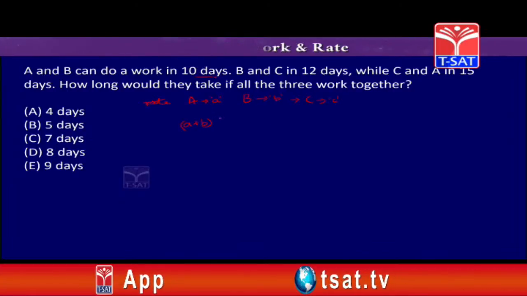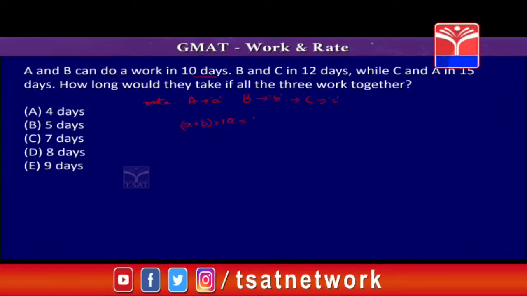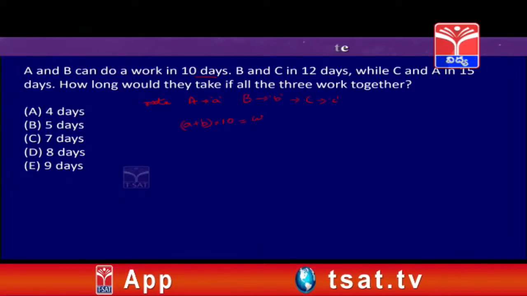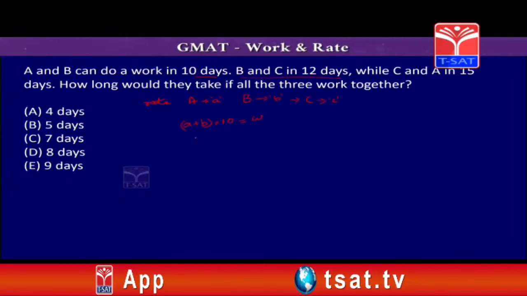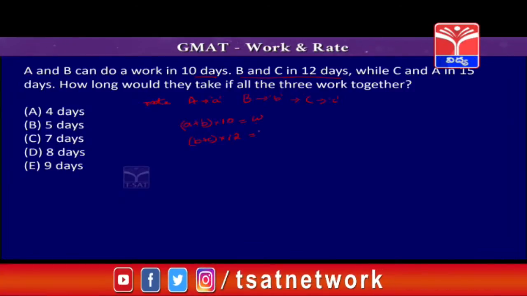So for A and B, rate into time, that is 10, will be equal to the work done. Let's say W amount of work is being done. B and C can do the same work in 12 days. So again the rate gets added up, b plus c, rate into time, 12 days, is equal to the same work, W again.